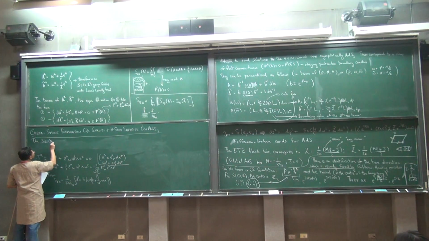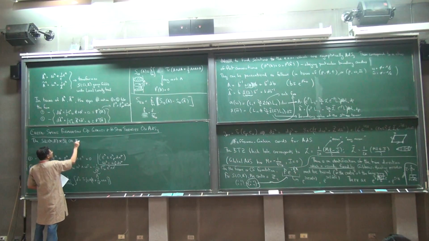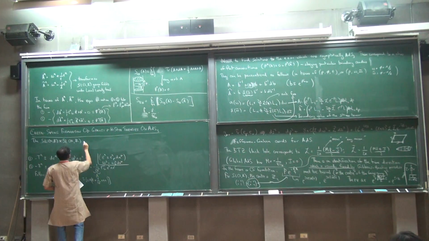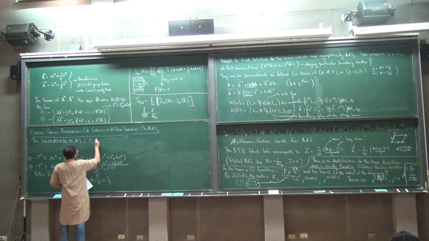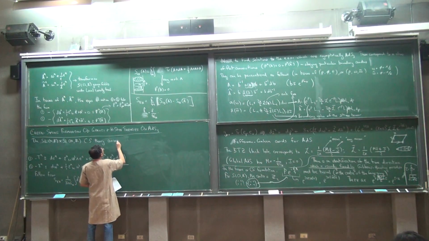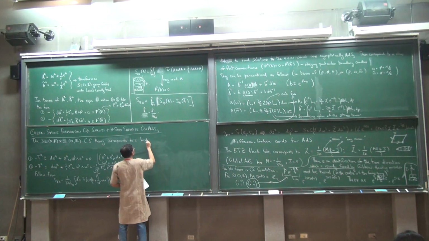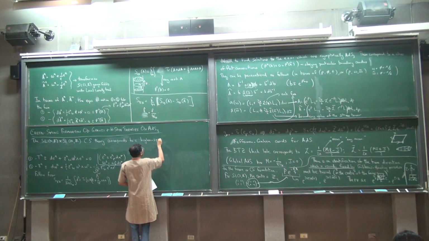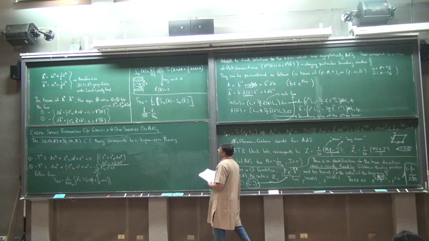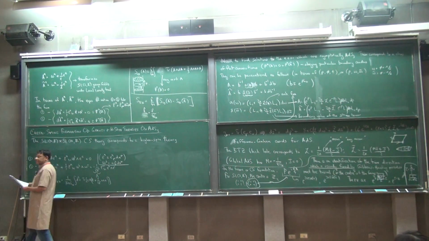And so if you generalize that to SLNR, where n is an integer greater than 2, this corresponds to the SLNR times SLNR generalization.